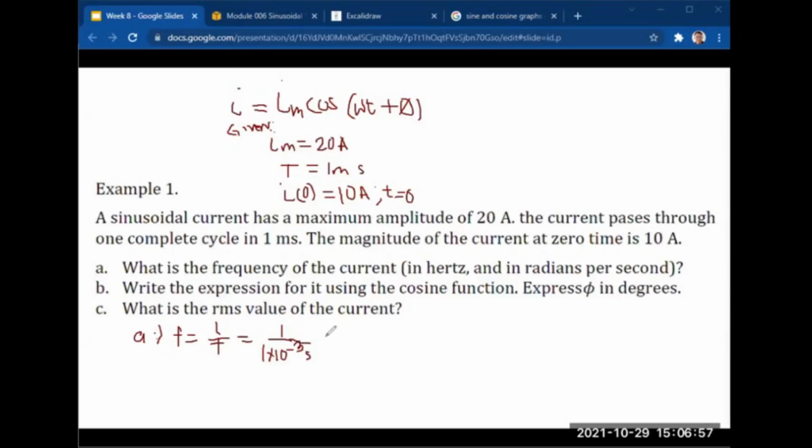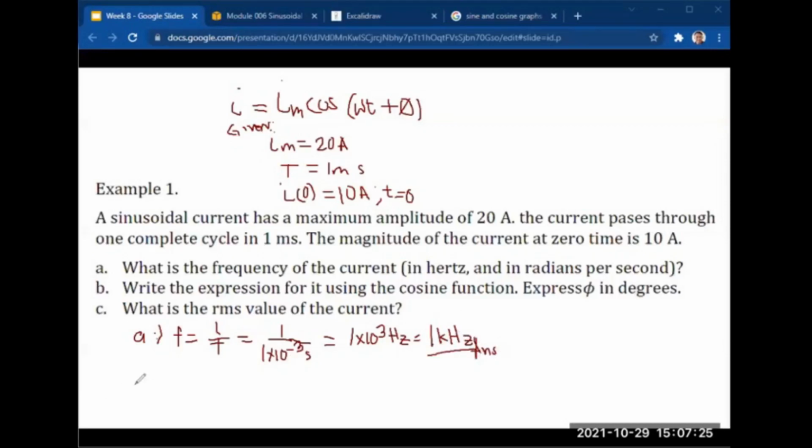So this will be equal to 1 times 10 raised to 3 hertz, and times 10 raised to 3 is kilo. So 1 kilohertz. That's for our letter A.